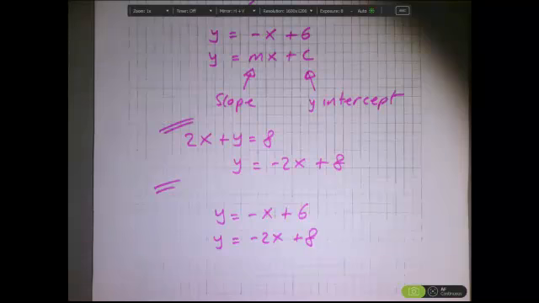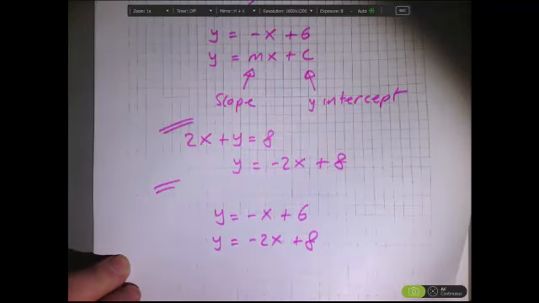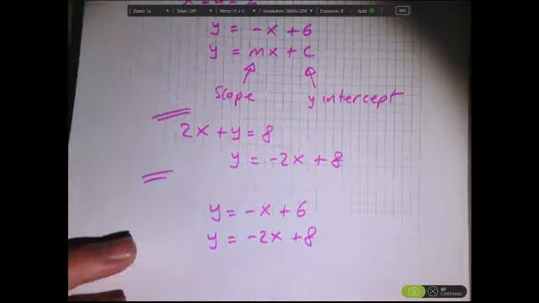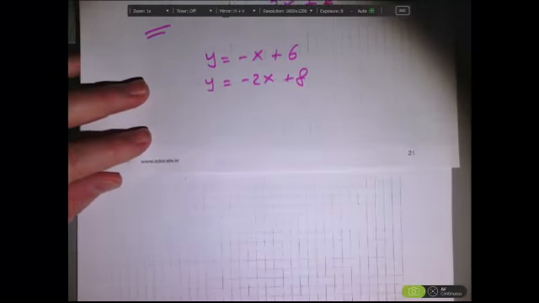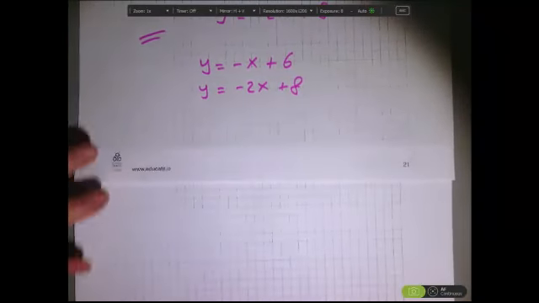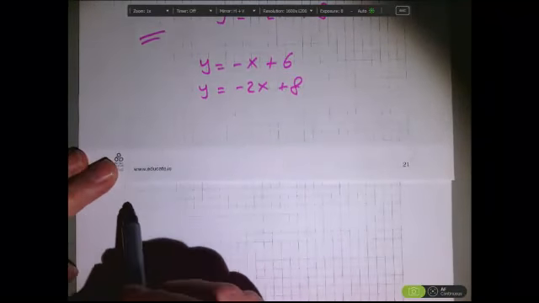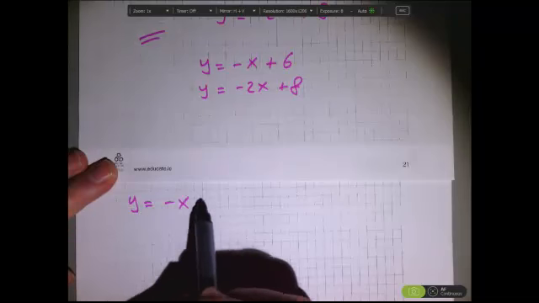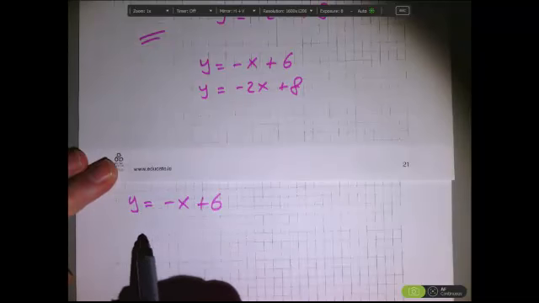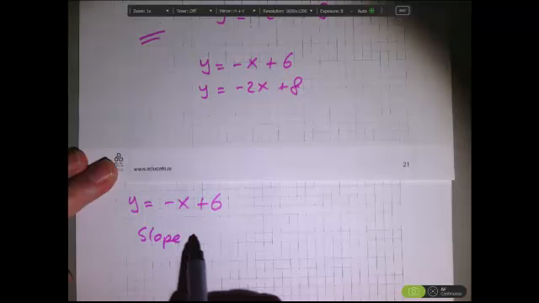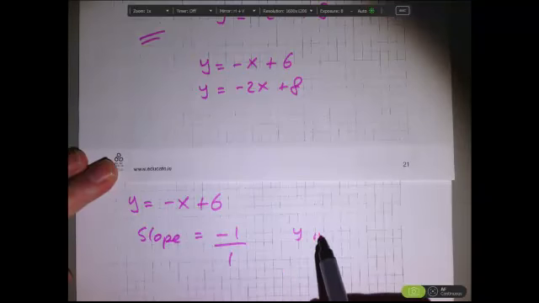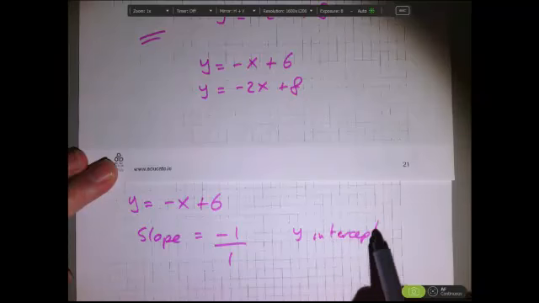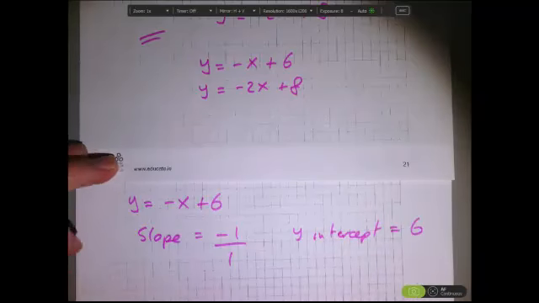Remember, our goal is still to try and find the point of intersection. So one option may be to graph them. So that's what I'm going to do now. I'm going to take the first equation, y is equal to minus x plus 6. I'm going to say that the slope is equal to minus 1 over 1, and that the y-intercept is equal to 6.